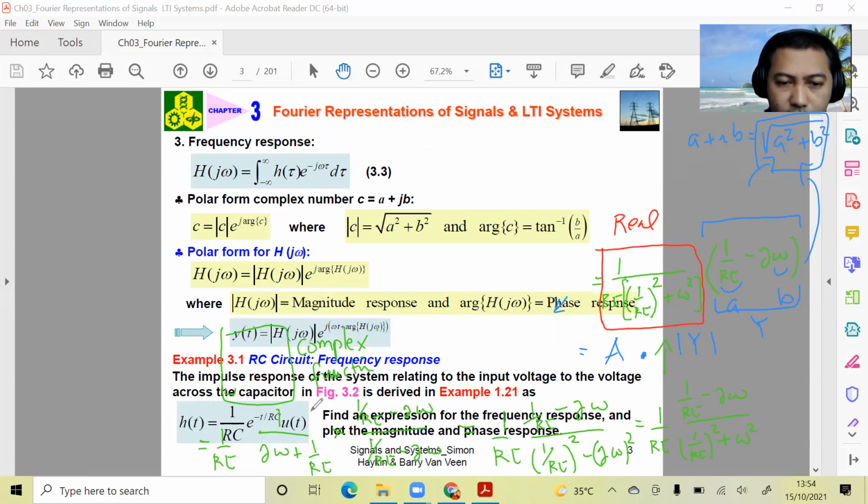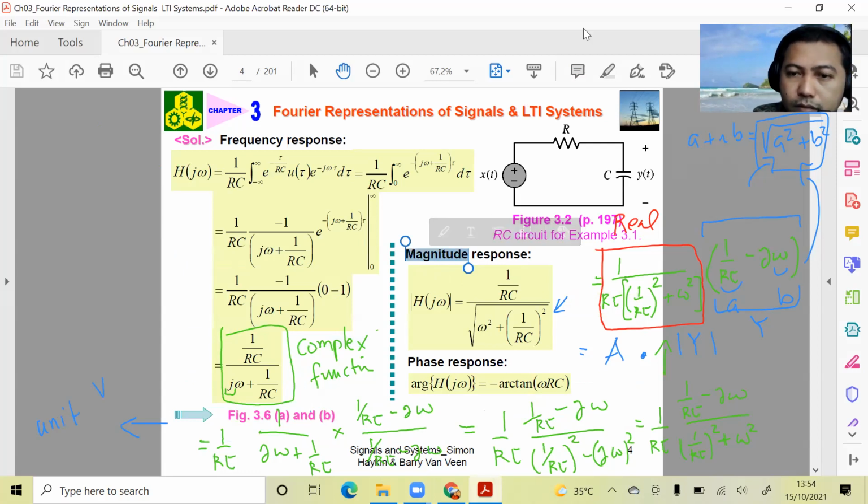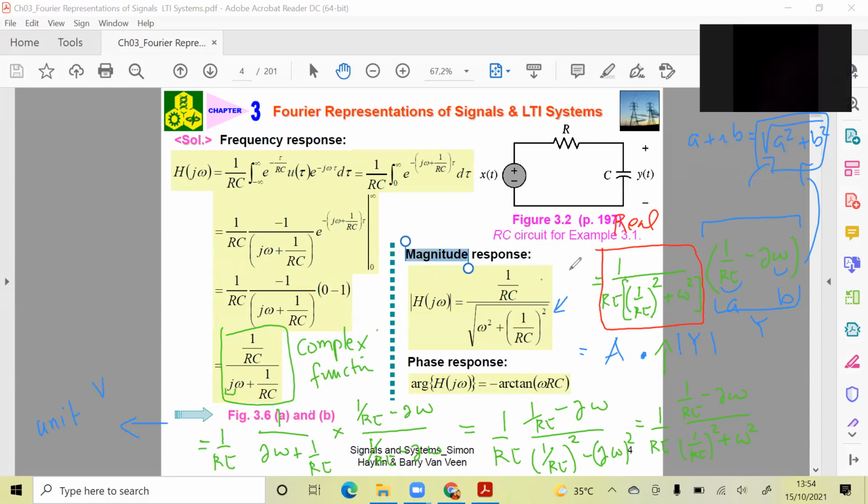It depends on the unit of H. For example, if the unit is voltage, then the magnitude we can draw as a voltage. This is as a voltage, voltage within the frequency domain. Yes. Oh, okay, sir.